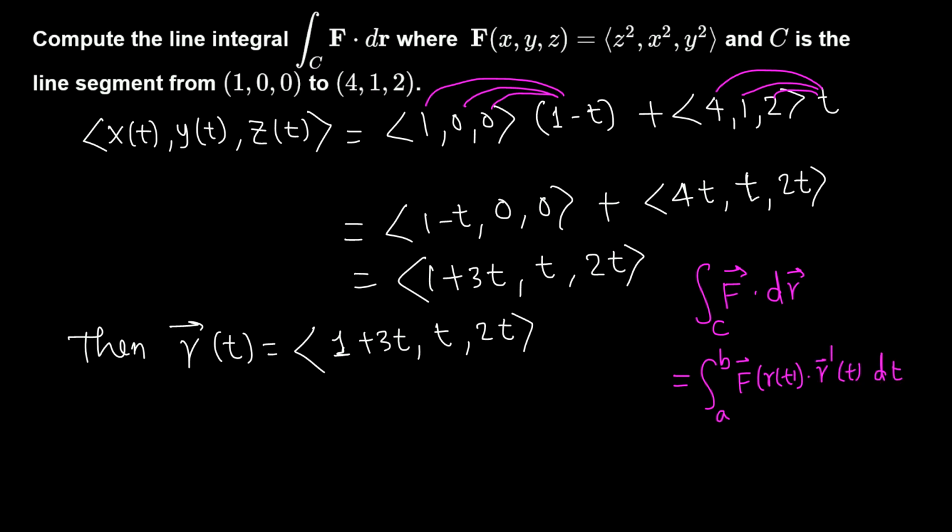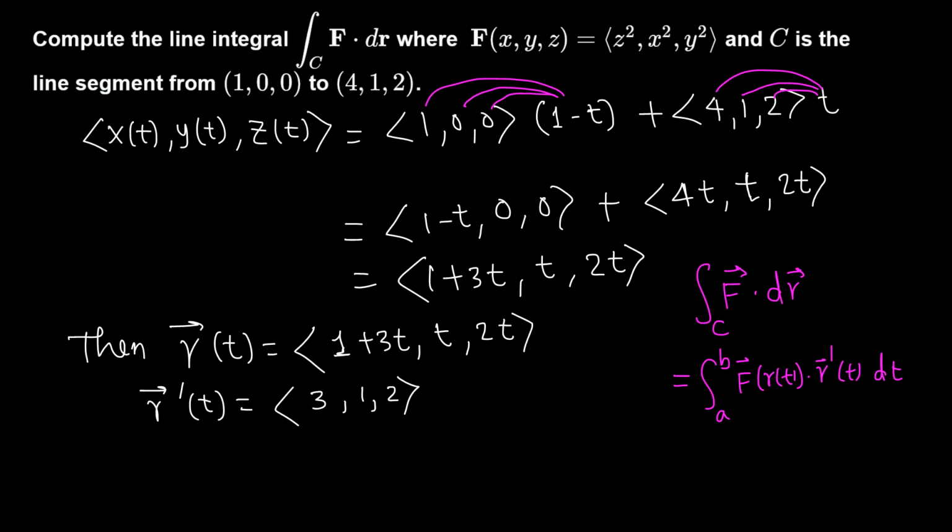So we need r prime. As soon as I have this r, that's the path, which is the line segment here, let me find r prime of t, a derivative of the first component, second, third. 1 plus 3t gives 3, derivative of t is 1, derivative of 2t is 2. Okay, that part is done.